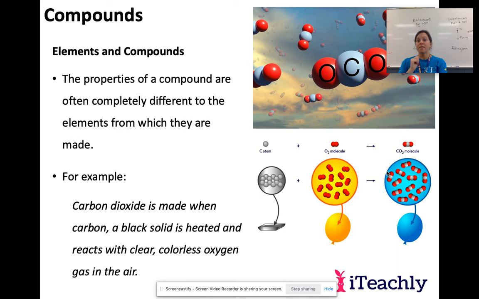Very different than if I would have carbon and two oxygen together. Carbon and two oxygen together are carbon dioxide, and it has different chemical properties. I don't breathe in carbon dioxide, I push out carbon dioxide. So when two elements bound together form a compound, their chemical and physical properties also change.